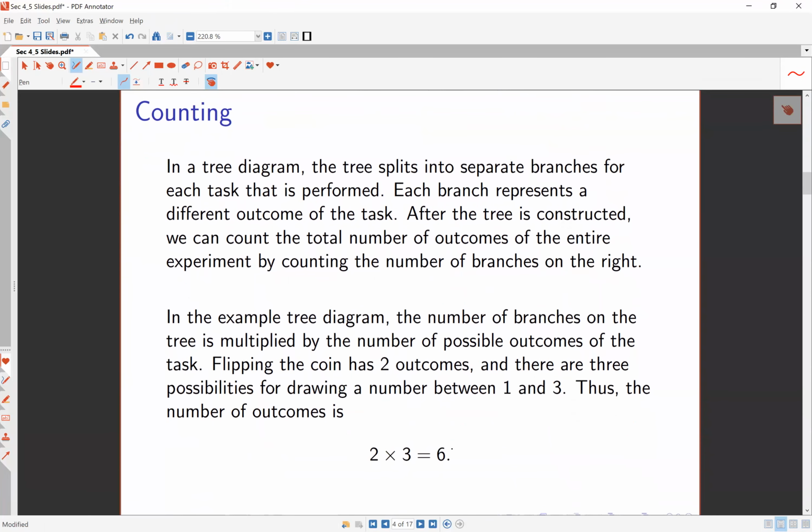Now, on this tree diagram, each time a branch splits, it's because an action is being performed, and the number of splits corresponds to how many possible outcomes there are for that specific action.